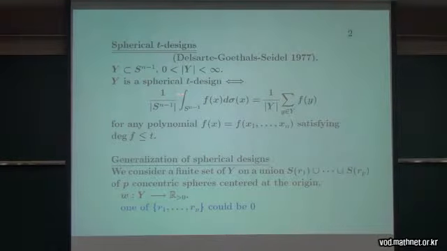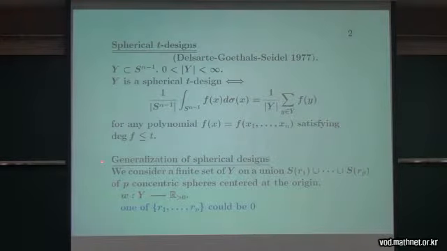Y is called a spherical t-design if the left hand side is the spherical integral of the polynomial on the unit sphere, and the right hand side is just the average of the function on Y. This holds for any polynomial f of n variables satisfying degree up to t.